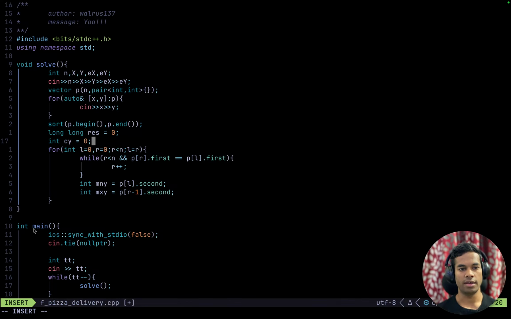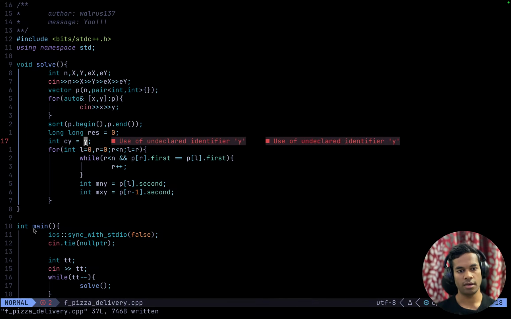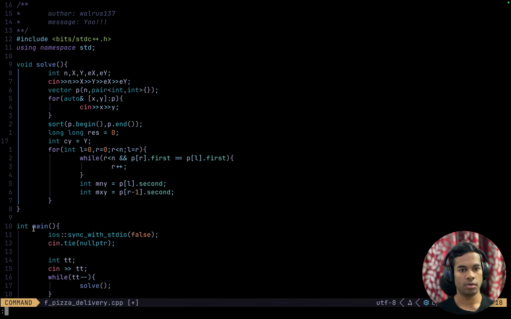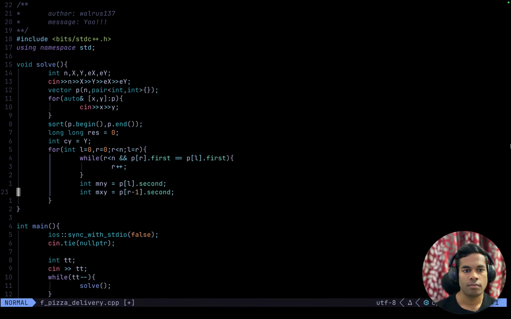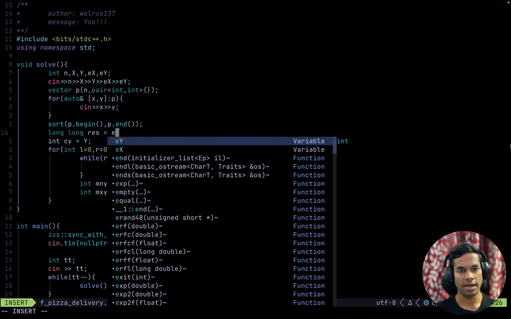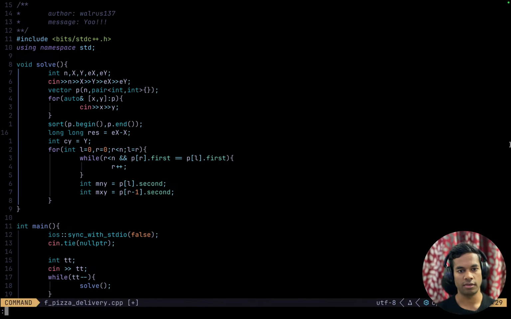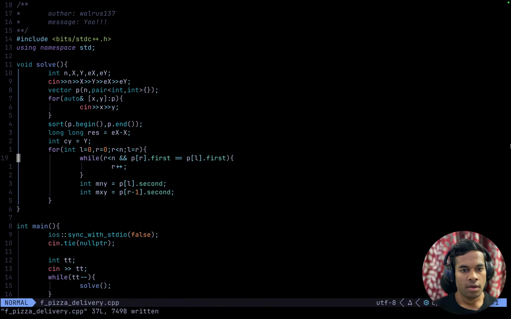Int current y equals y. Response is initially equal to 0. Response is equal to end x minus initial x, right?